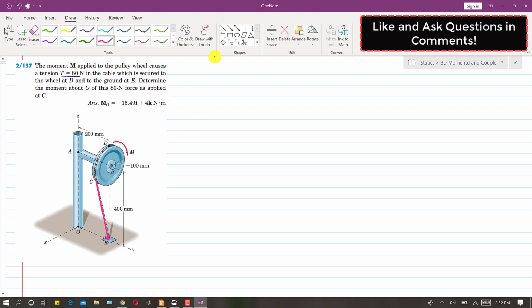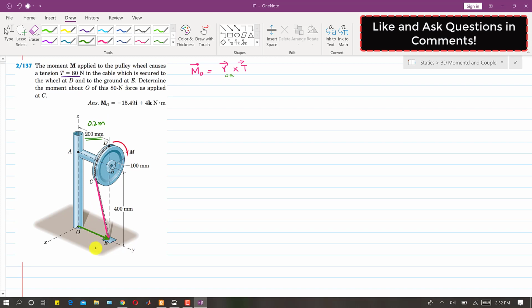Now if you want to find the moment about O, the moment about O will be equal to R cross T vector. Let's assume that we take the moment arm as R_OE vector, from O to E. This distance is 200 mm, so 200 divided by 1000 will be 0.2 meters.